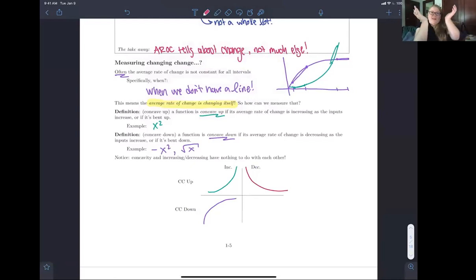It's still kind of up like a cup, right? Which is a phrase that people use to remember concavity. And you can actually tell that this is going to be concave up by looking at those average rates of change. But you might be saying, Kristen, it's getting flatter. But remember, this is a negative average rate of change here. So it's like negative 5 maybe. And over here, maybe it's like negative 0.5.